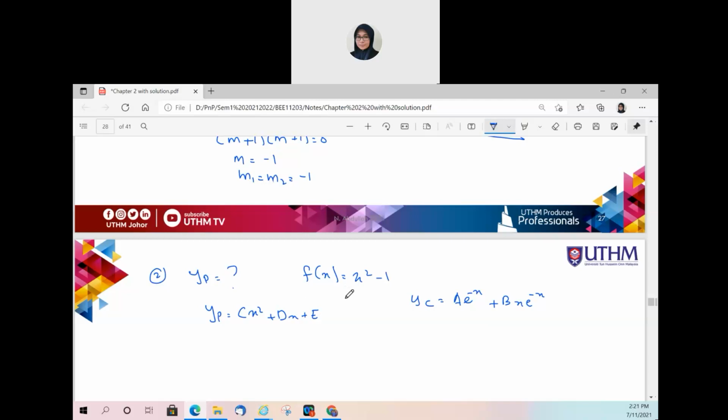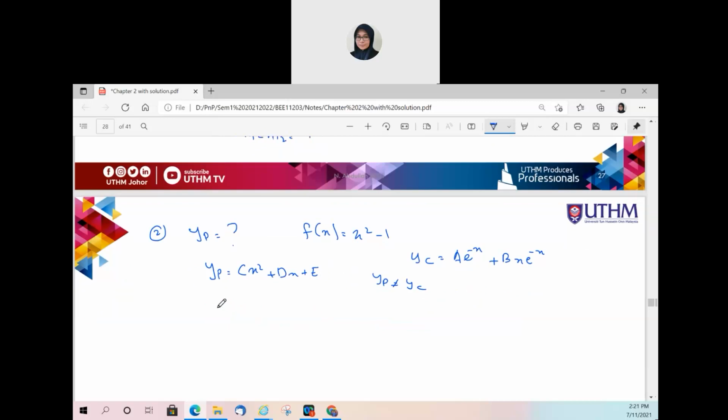Ada tak? Tak ada kan? So yp is not equal to yc, then you directly use this yp. Okay, so this is our yp. yp equals to cx square plus dx plus e. Now we have to find yp prime.